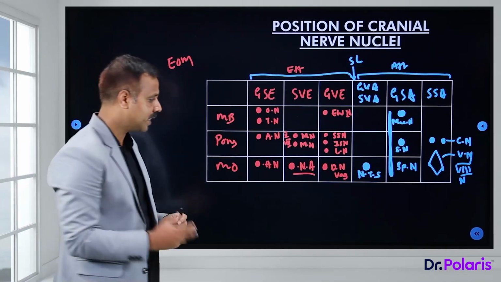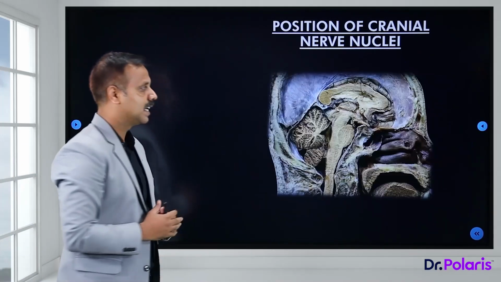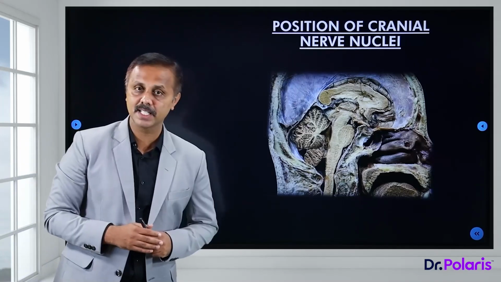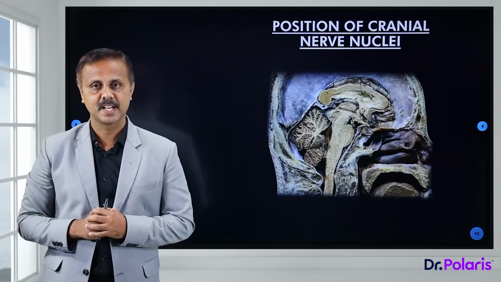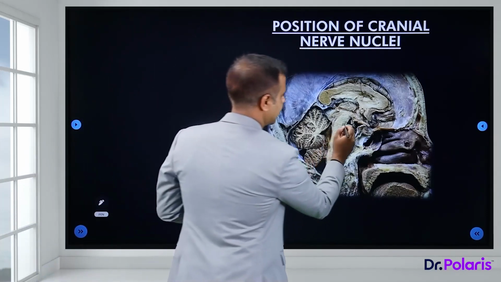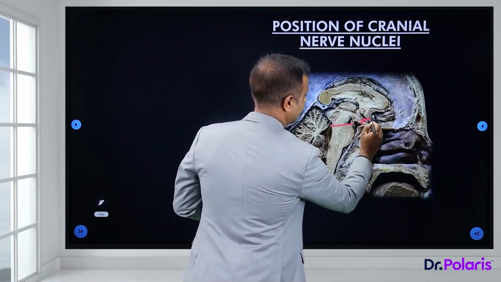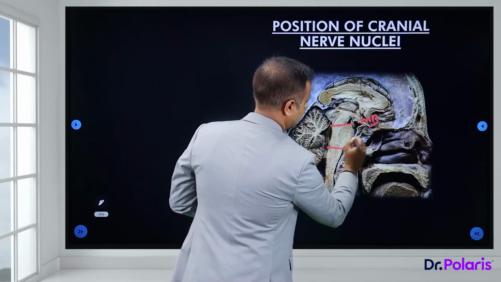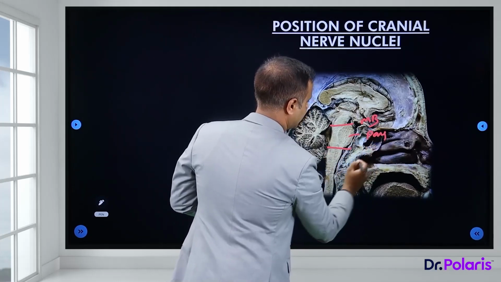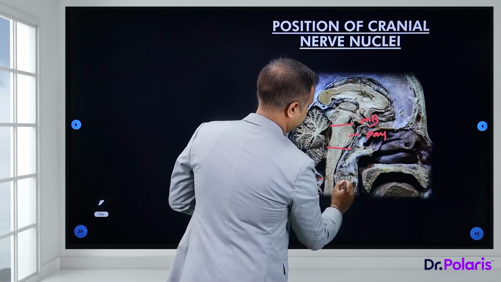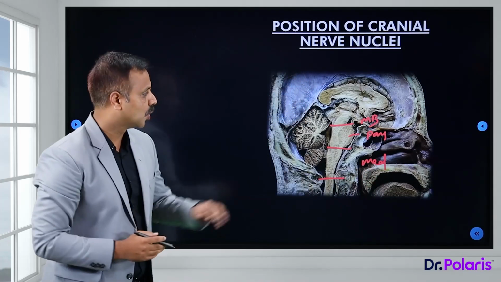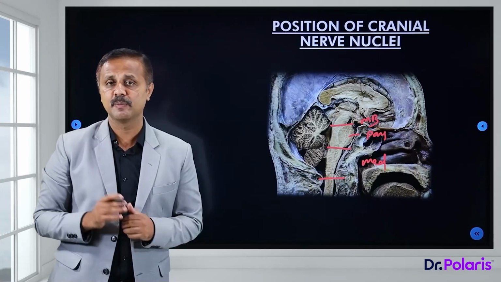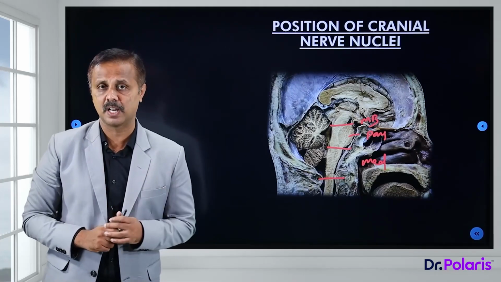Right? Fine. Once we have done this, let's try to identify this in an actual specimen of the brainstem. Right? As we have learned, this is the limit of the midbrain, and this is the pons, and till here we have the medulla. So what are the nuclei that are present in midbrain? Let's try to recall.